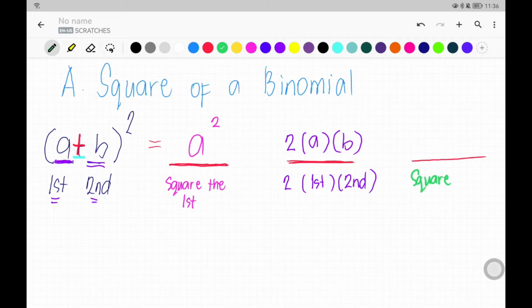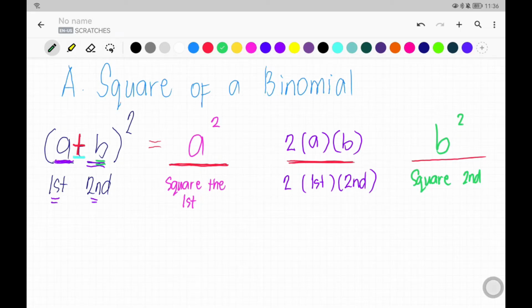I-square lang daw natin yung second term. So, maglalagay tayo ng exponent na 2, and then ang second term natin ay b. Yan din yung pattern natin. Ngayon, i-finalize natin yung answer natin.